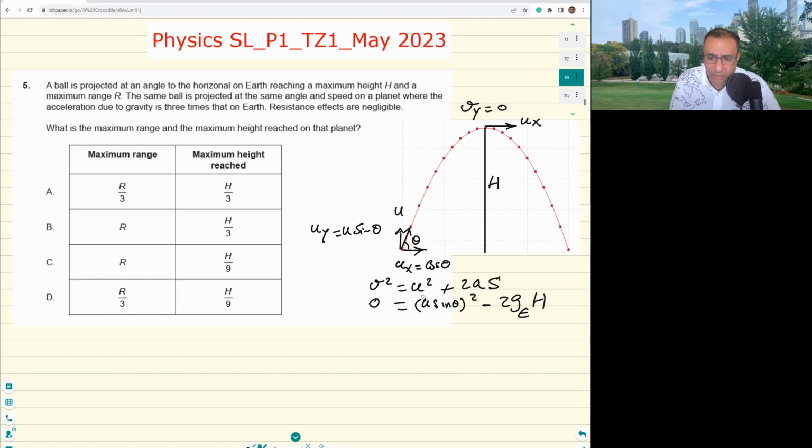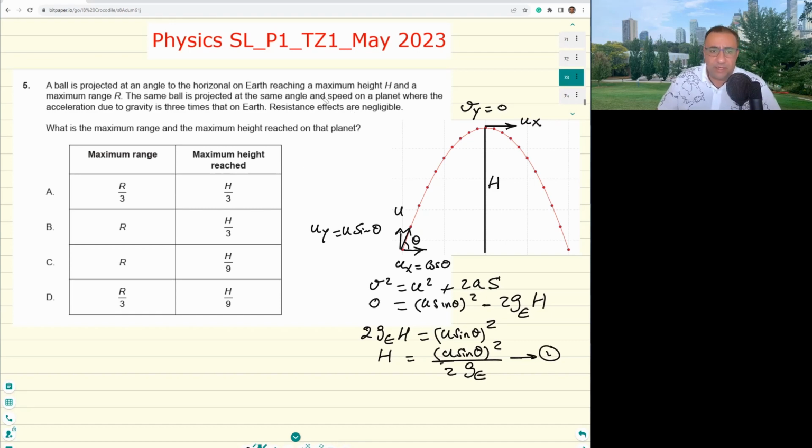Now we can solve for h: 2 g sub e times h equals u sine theta all squared, which implies that h is u sine theta all squared divided by 2 g sub e. Let's call this equation 1.